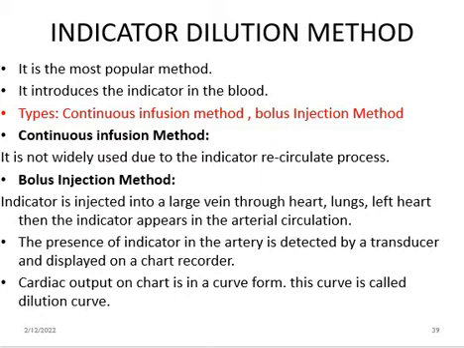Next, we can see the bolus injection method. Here the indicator is added into the heart through the vein. As I said earlier, the vein can be viewed clearly, and it is big in size compared to the arteries.